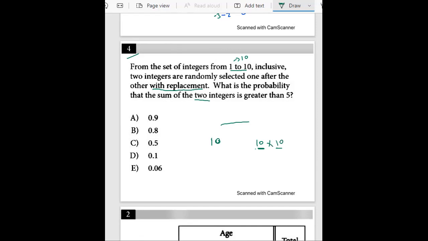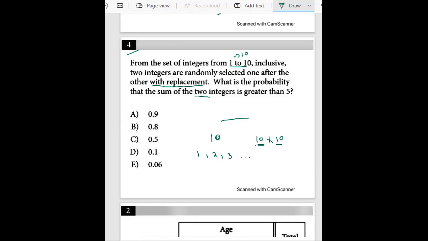Look, we have 1, 2, 3, and so on, all these numbers till 10. What is the question? From the set of integers 1 to 10, inclusive, so 1 and 10 are also included, two integers are randomly selected, one after the other with replacement.